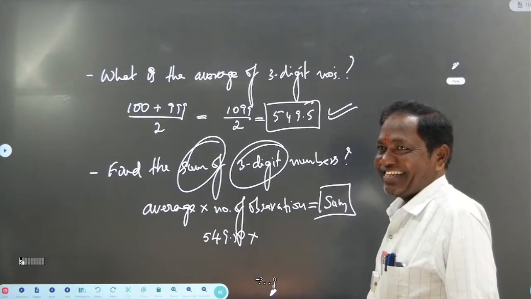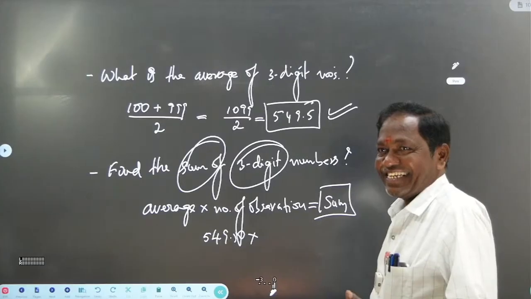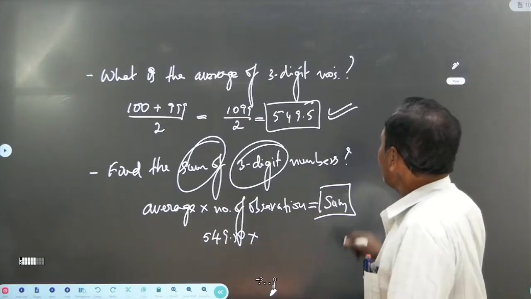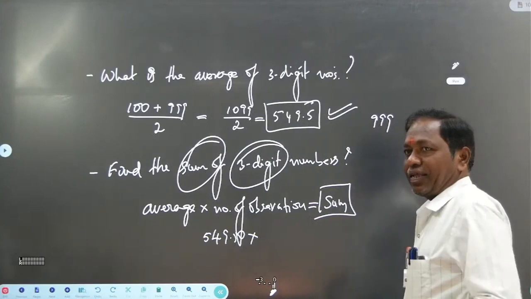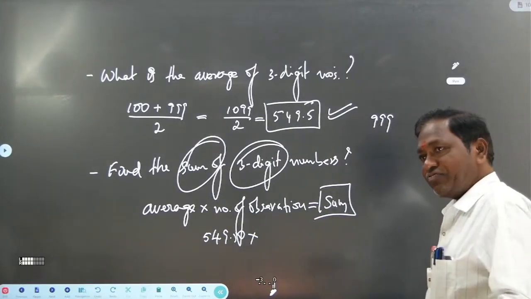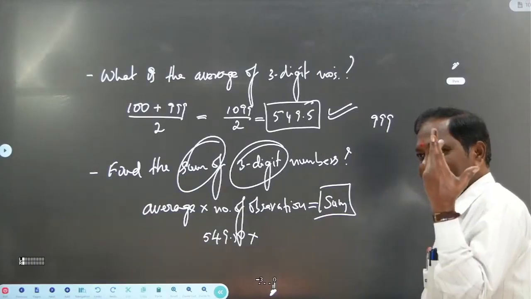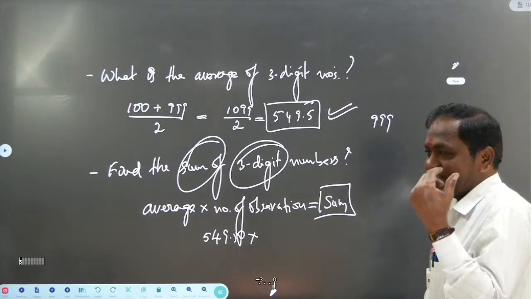Sir, 999 minus 100 gives 900. Yes, that's why. See, what is the largest 3-digit number? 999. Here 1 is also included, 2 is also included. 1-digit numbers are also included, 2-digit numbers are also included.